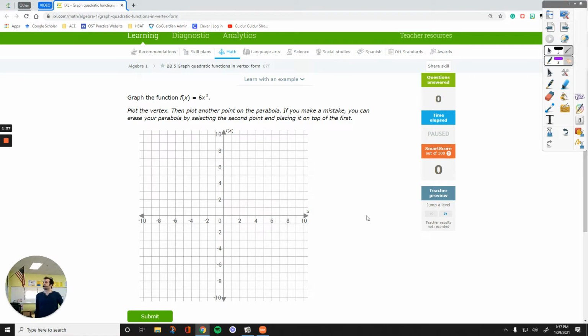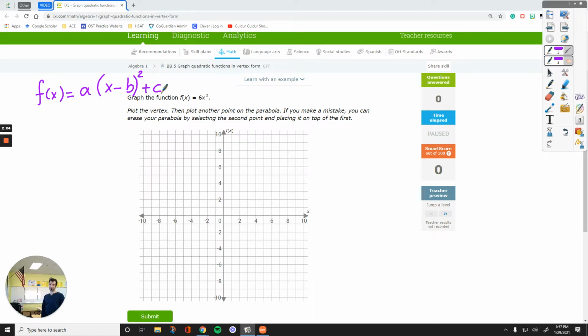So let's get started. First I want to start with the general form of the vertex form. If a function is f of x equals a times x minus b, squared, plus c, this is called the vertex form.